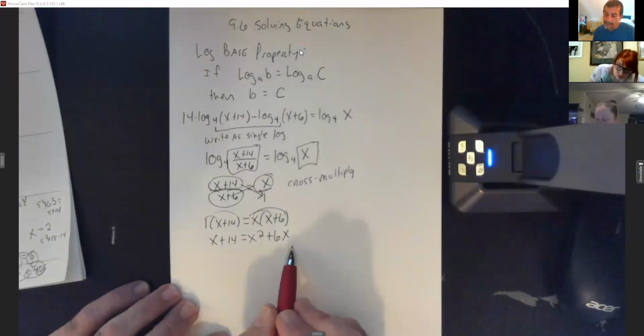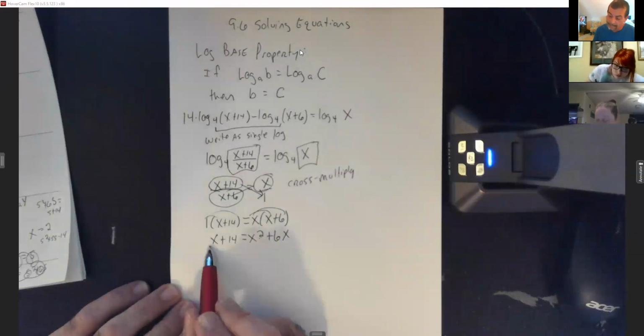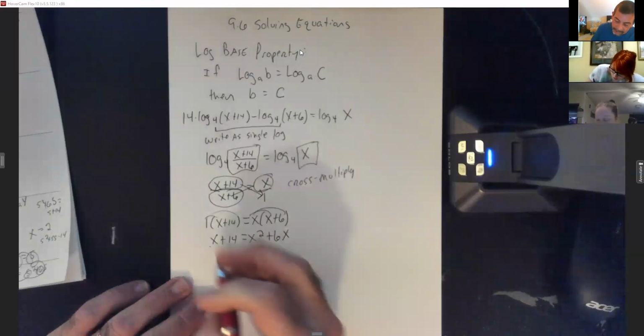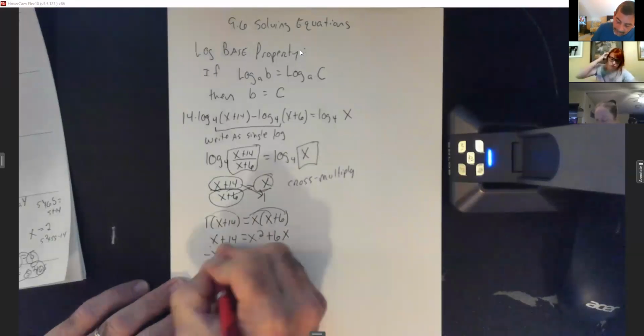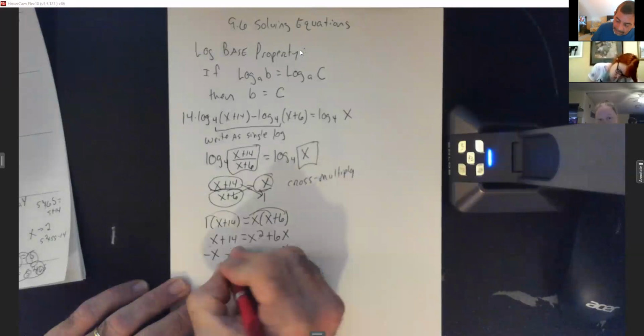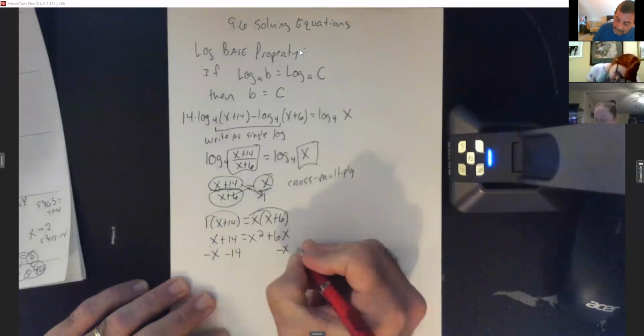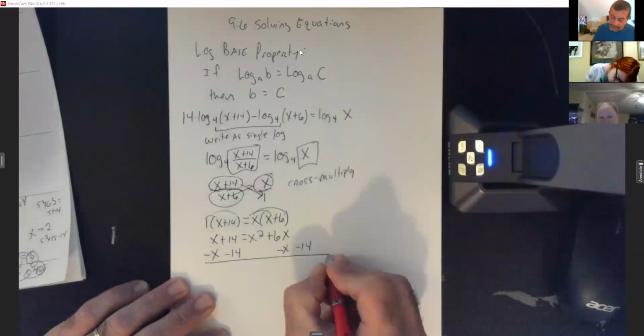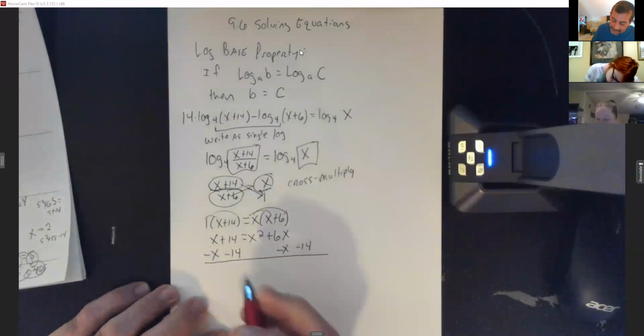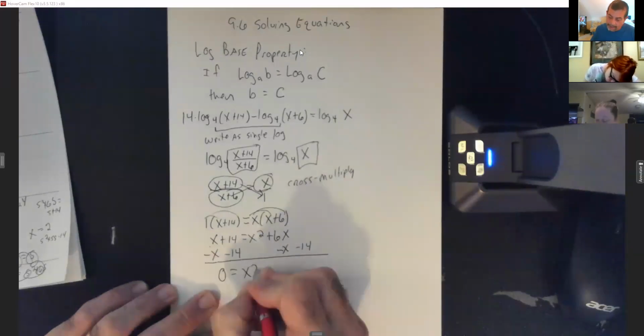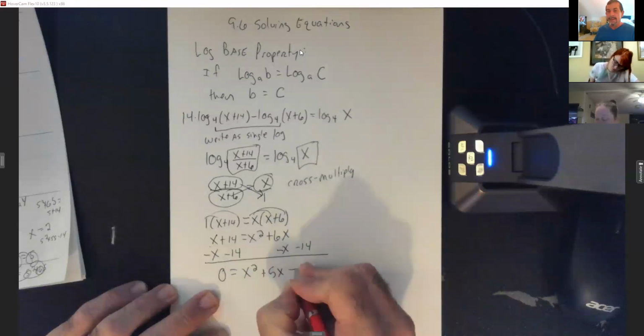So I'm going to subtract the x and the 14 from both sides. So I get a 0 on the left side like I needed. And then I get an x squared, let's see, 6 minus 1 will leave me 5x's minus my 14.